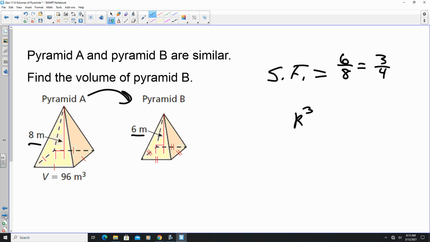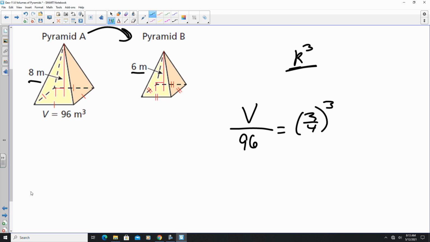So to find the volume of pyramid B, the volume of B over the volume of A, which is 96, is going to be equal to k to the third power. So it's going to be 3/4 cubed.